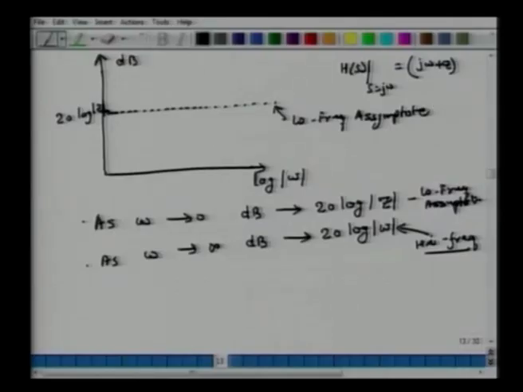And my high frequency asymptote is 20 log omega, and the high frequency asymptote cuts the low frequency asymptote at omega such that log omega equals log z. So, at this line, my high frequency asymptote cuts it. So this is my high frequency curve.